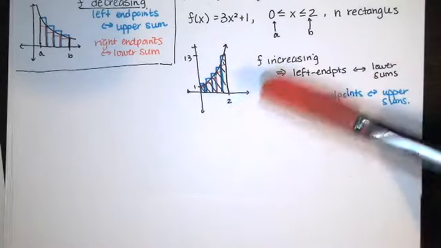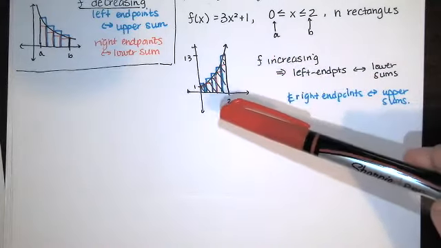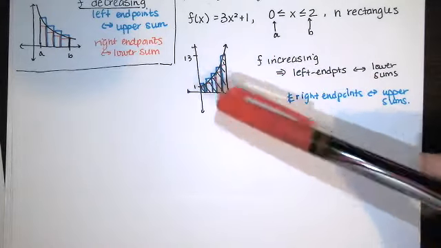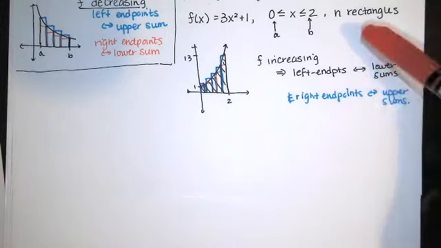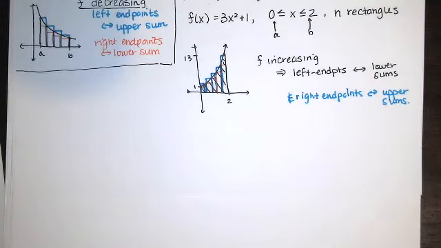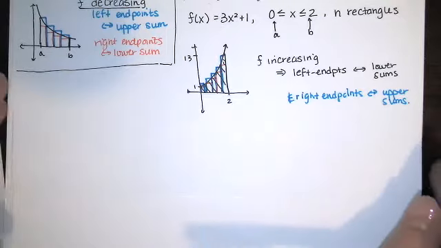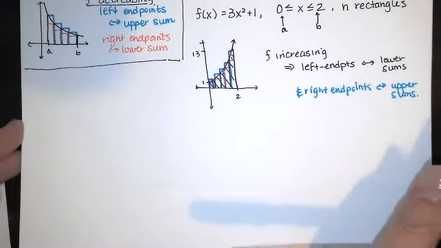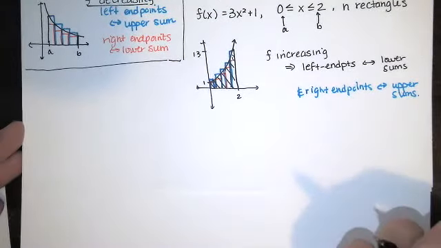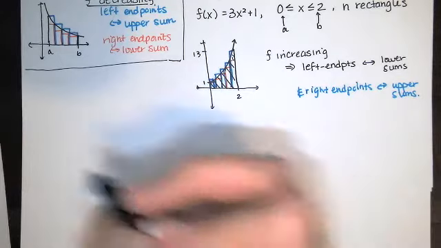Just graph it, see if the function's increasing or decreasing, and then evaluate the functions at left endpoints and right endpoints and see what that correspondence is. And then the next thing we do is we compute delta x. Now this time we're computing delta x in general. We're going to leave it as a function of n.